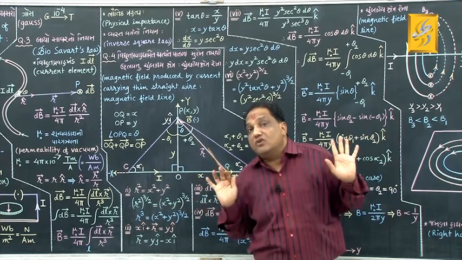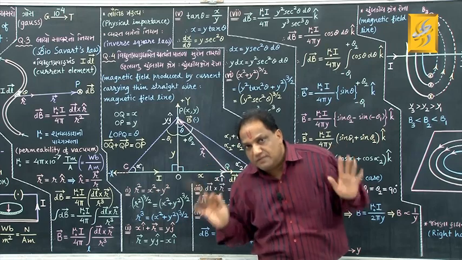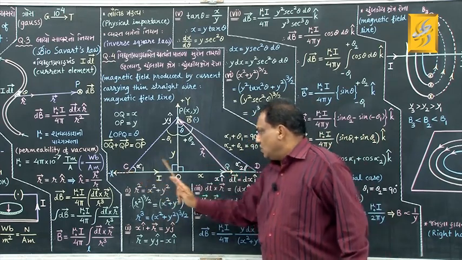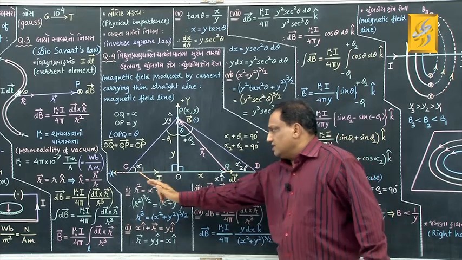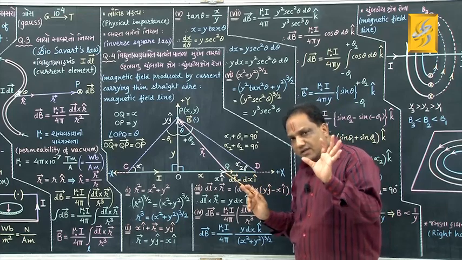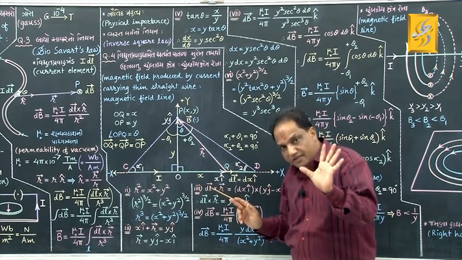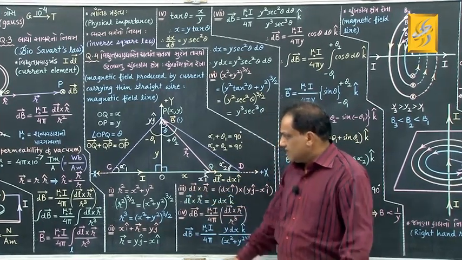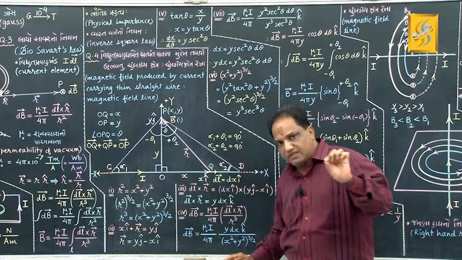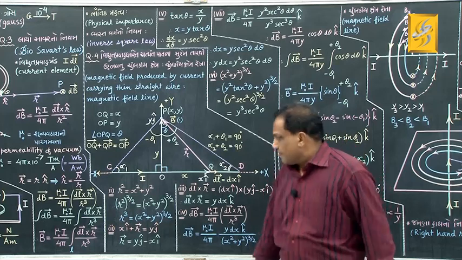Only a limited length of that infinitely long wire. That limited length I have shown here from point C to point D in green color. This is the current carrying wire with limited length. So we consider a finitely long current carrying straight thin wire.